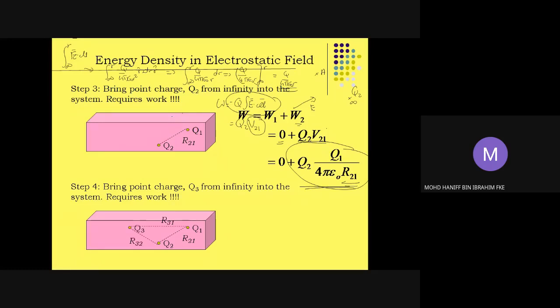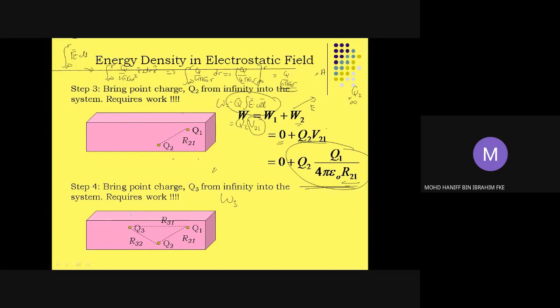Now the charge Q3 has been positioned, and based on this diagram, work 3 needs to be considered. We need to consider the potential at Q3 due to Q1, and also the potential at Q3 due to Q2.